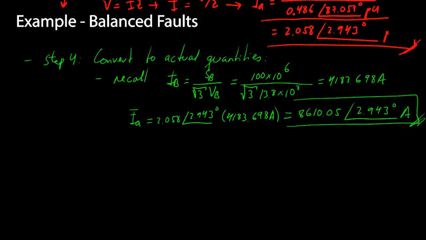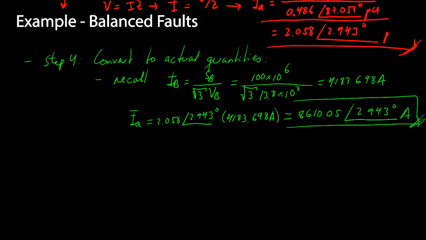Now remember again that we said that for a balanced fault, essentially, as the name implies, the fault is balanced. So that means that IB, for example, and IC for an ABC rotation system, they're going to have the same magnitude, so 8610.05 for both, but the angles are going to be shifted by 120 degrees.